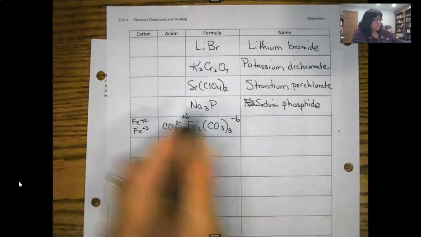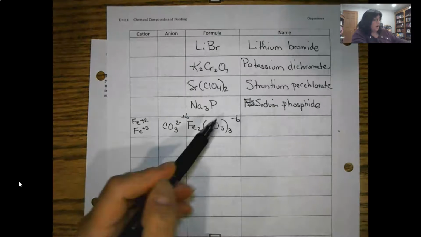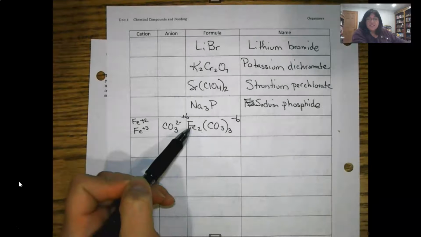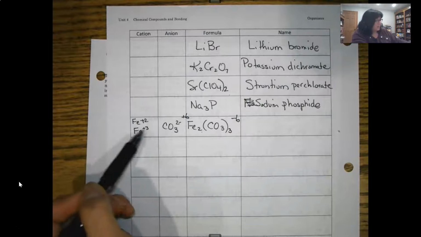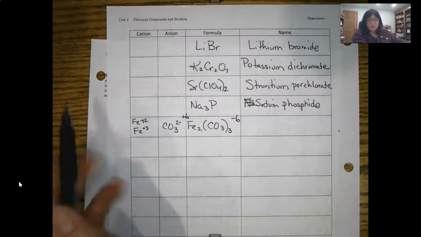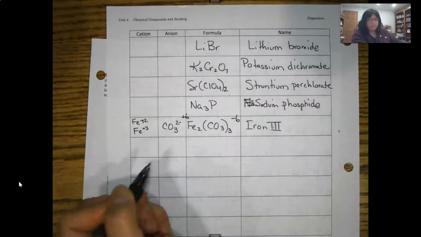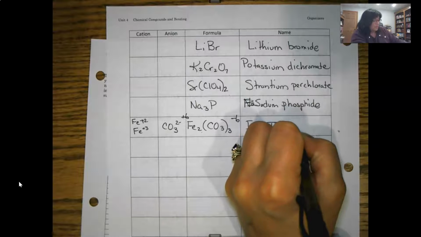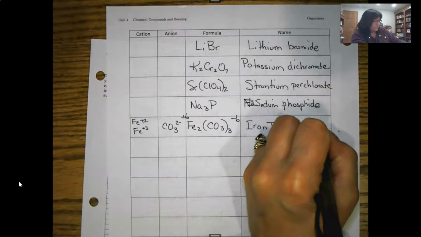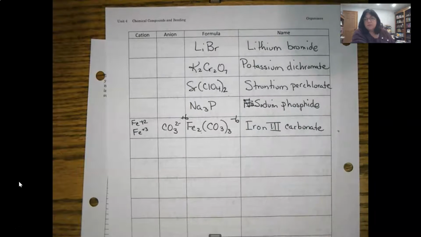So I need +6 here. So I have 2 irons. What does each iron have to be in order to have a total charge of +6? It needs to be iron 3. So that's how I'm going to write it. I'm going to write iron 3 carbonate, because CO3 is carbonate.